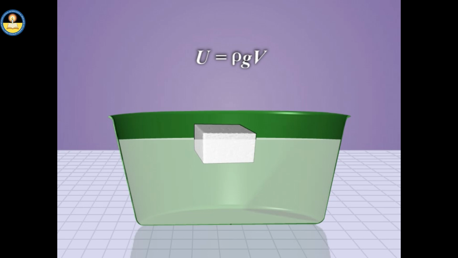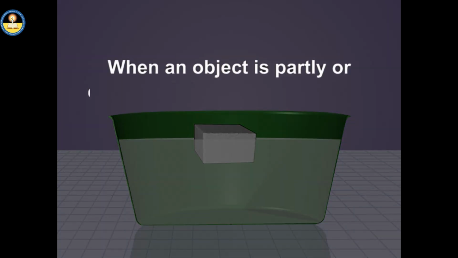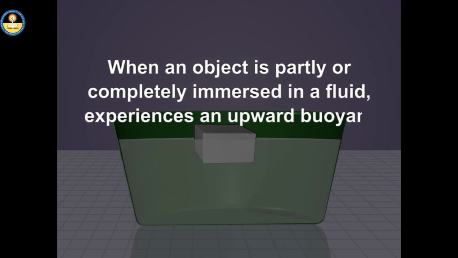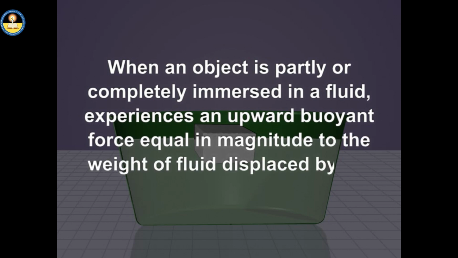This precise value of the buoyant force has some significance because it is the same as the weight of the liquid displaced by the object. The result holds true irrespective of the shape of the object. Archimedes summarized like this: an object partly or completely immersed in a fluid experiences an upward buoyant force equal in magnitude to the weight of fluid displaced by the object.